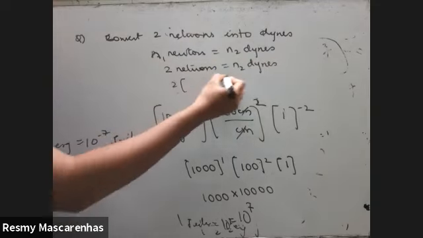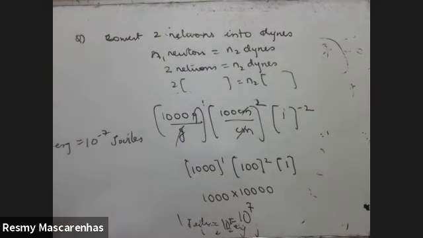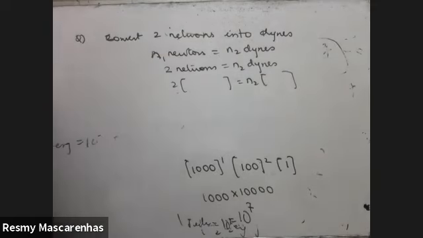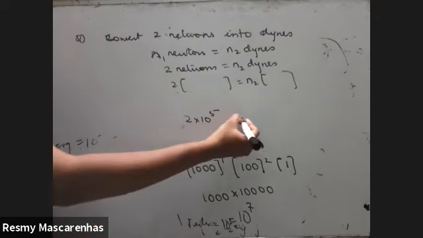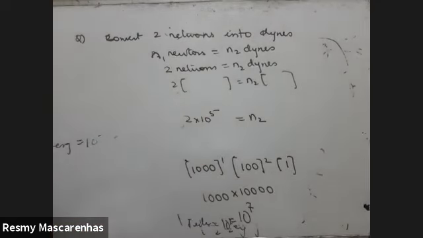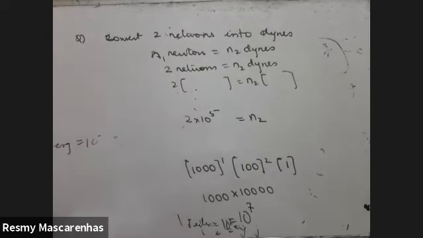Then perform it and calculate. So the final answer, if you calculate, you will get basically 2 times 10 raised to 5. That's the only difference. So if they give you 3 newtons into dyne, it will be 3. But the remaining calculation will remain the same.